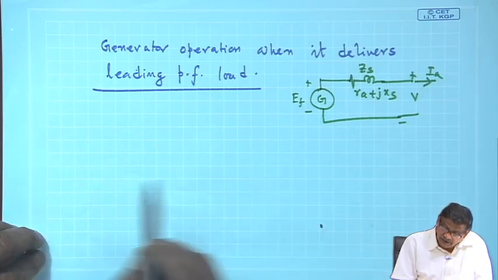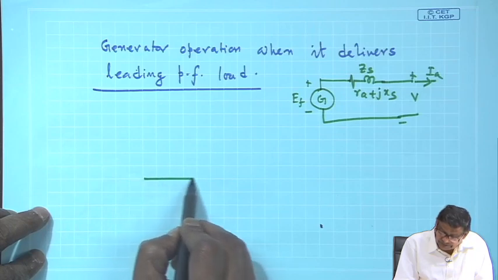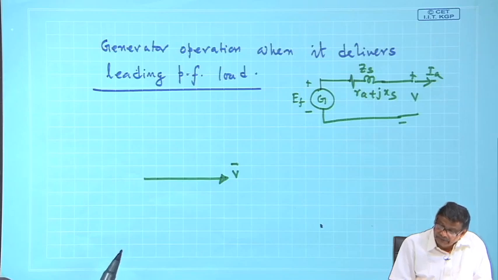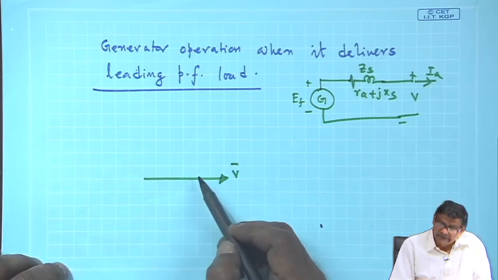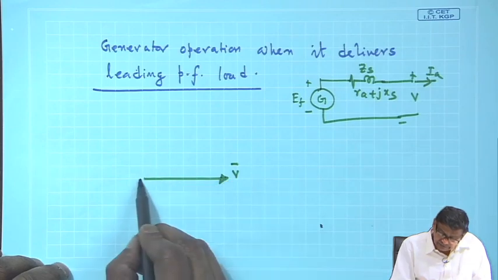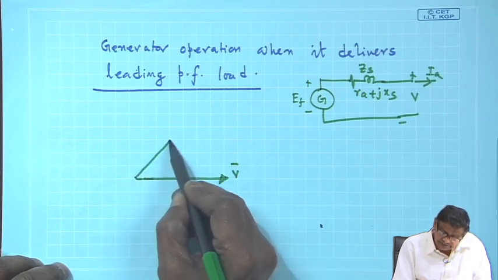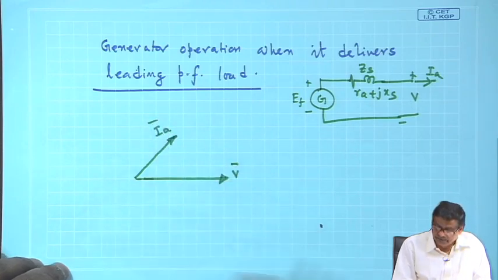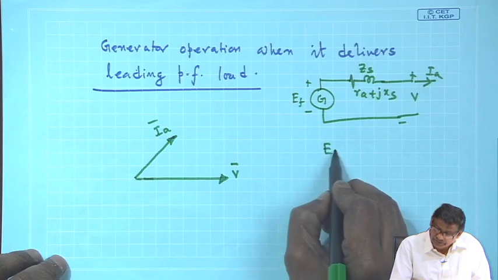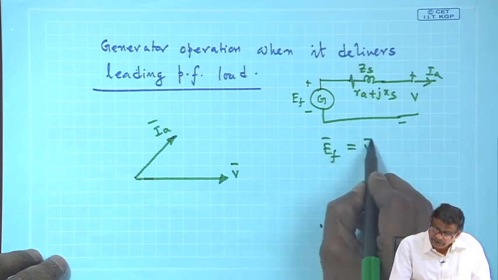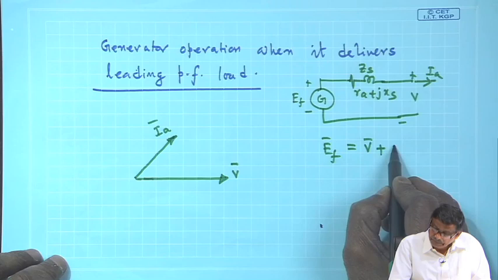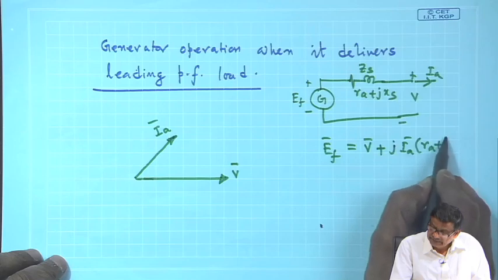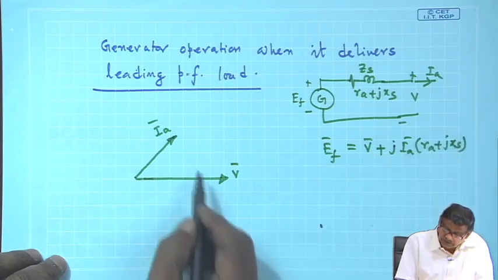Now, let us see how to draw the phasor diagram. So, this is V, and it is a leading current. Suppose this leading current with respect to V is I a. Follow me carefully, but this equation is true: E f is equal to terminal voltage V plus I a into R a plus j X s, is it not?